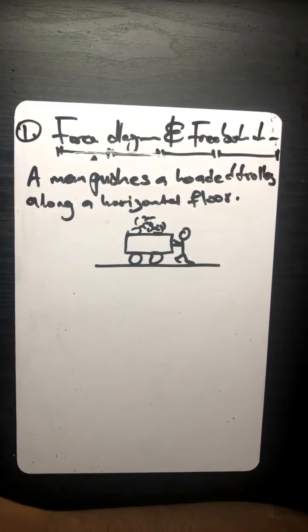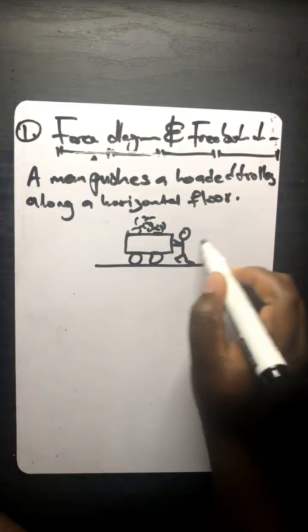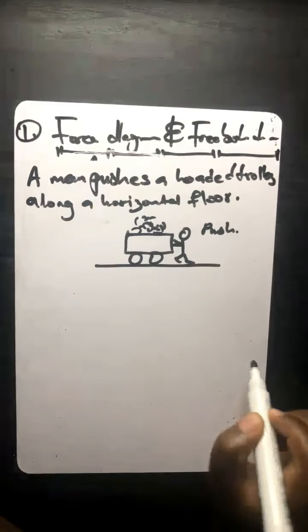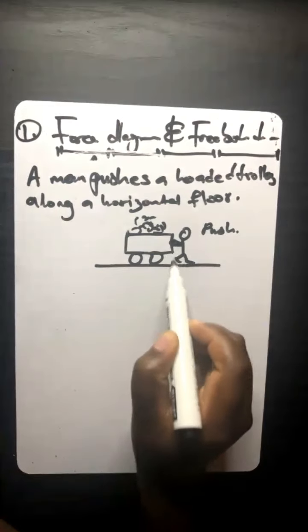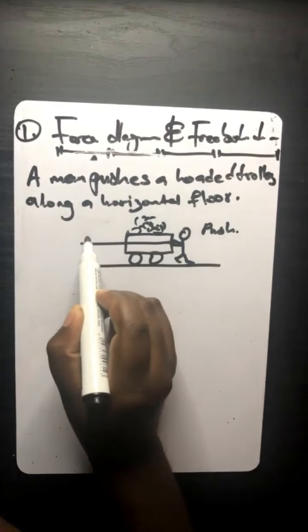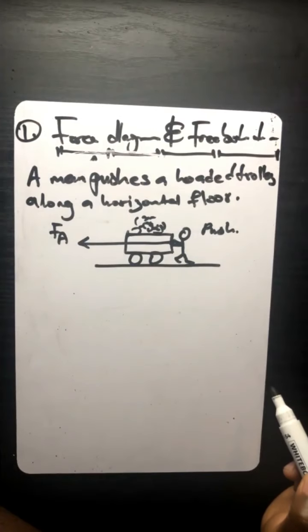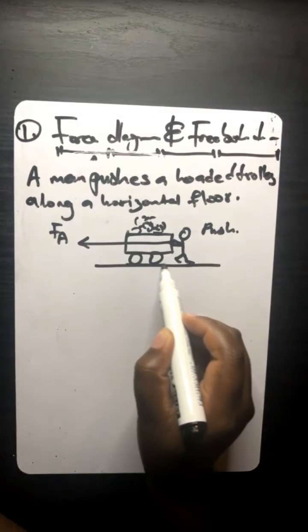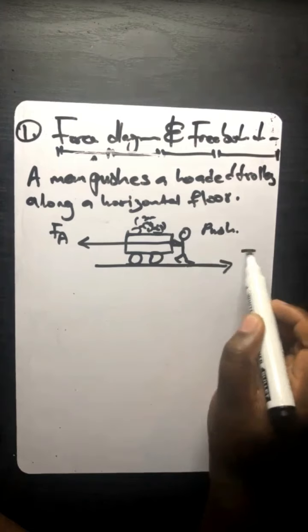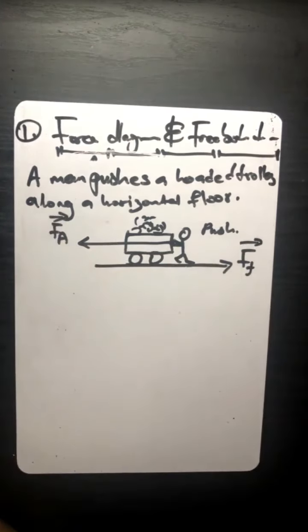100% on the trolley. So the applied force, obviously, which is being applied by the man who is pushing, you start drawing it from there where the hands are. Then you draw it in that direction and you call it applied force. Obviously, there is possibly a frictional force. So this is where you draw that frictional force. Remember, these are vector quantities.